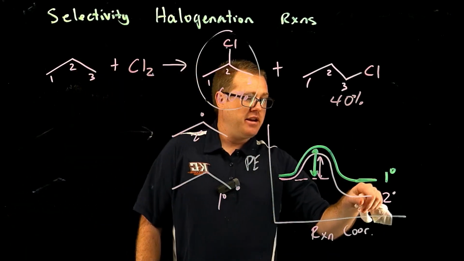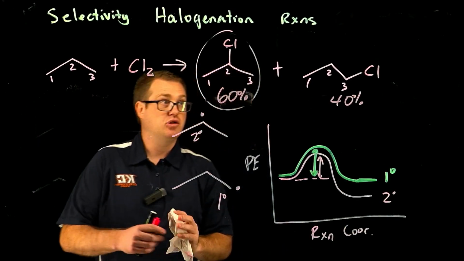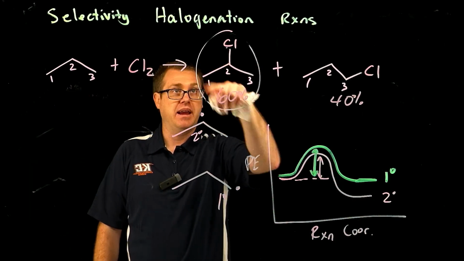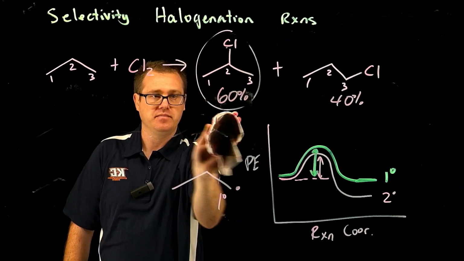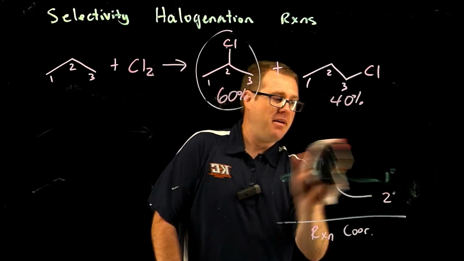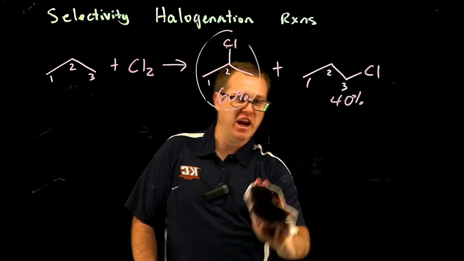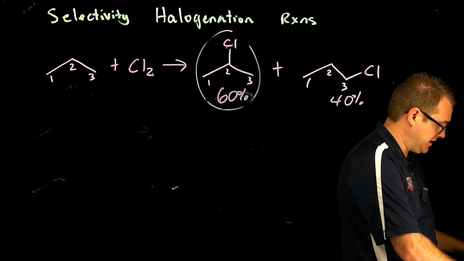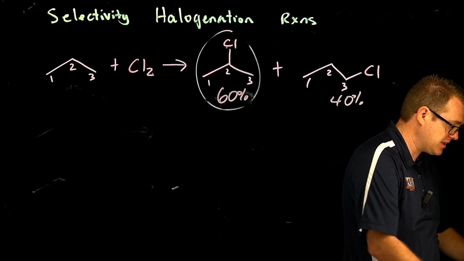So the difference in energy between these two is not drastically so different that it's going to make this like 100%. But look at what happens when we change it to bromination. Now this is very interesting, and I think it's very cool to see this.